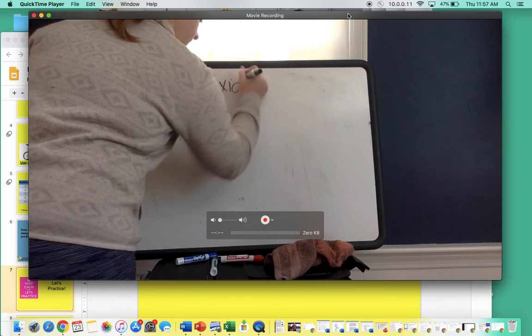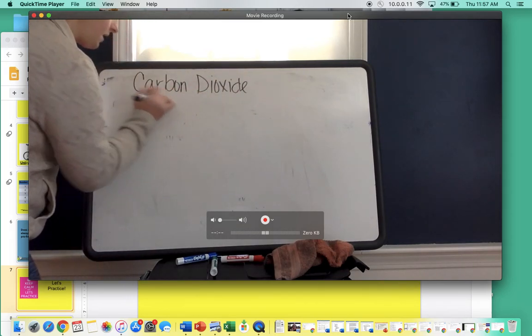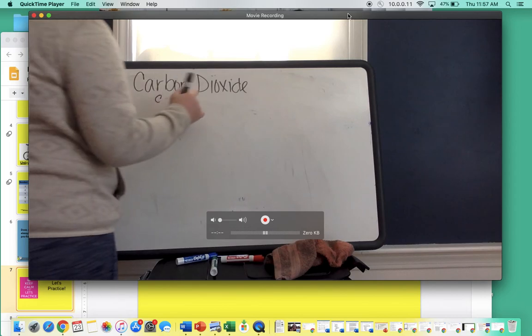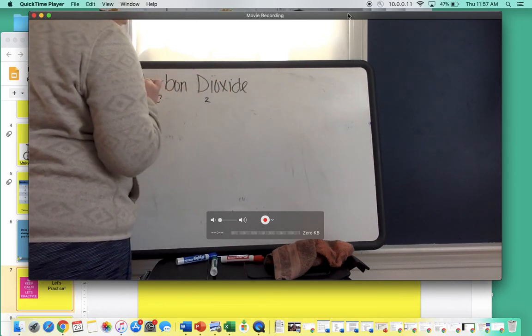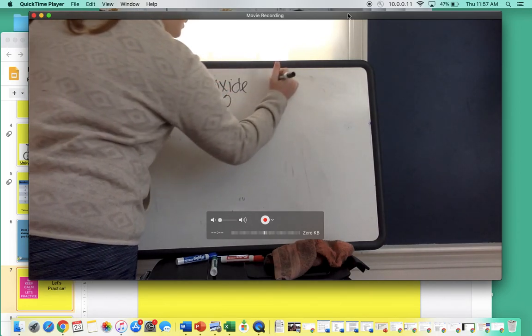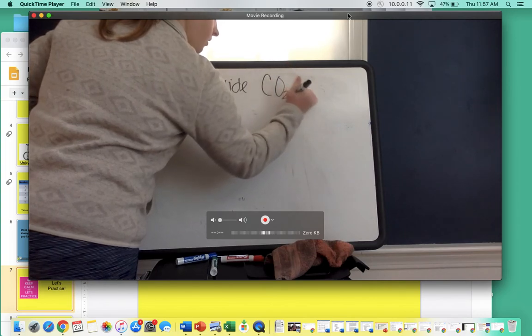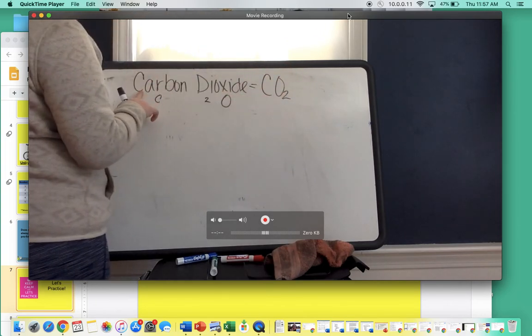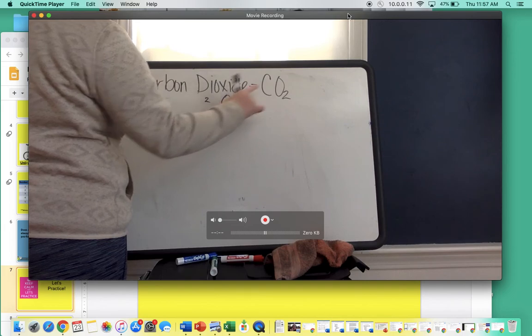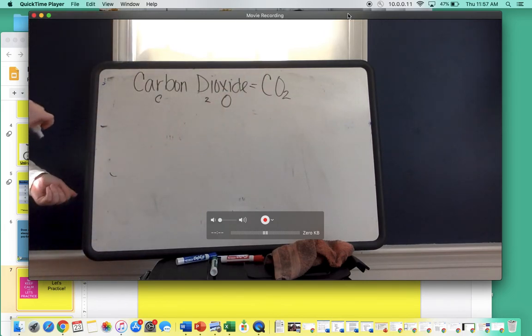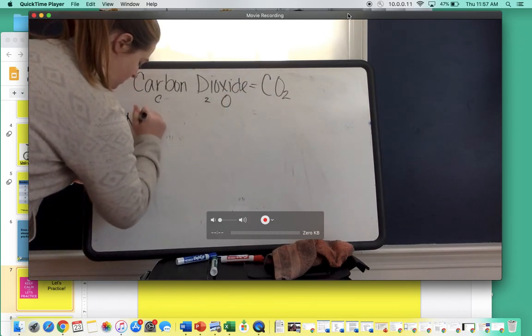Okay. So carbon we know is C. There's no prefix, so there's no number. Di we know is 2. Oxide is O, so it's going to be CO2. C was carbon. Di is 2. Oxide is O.